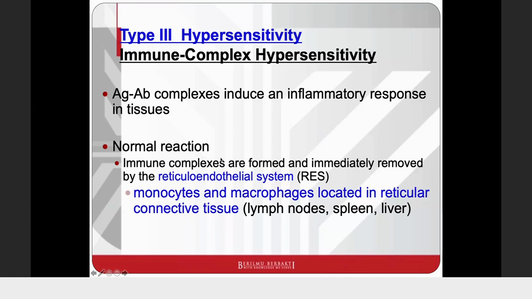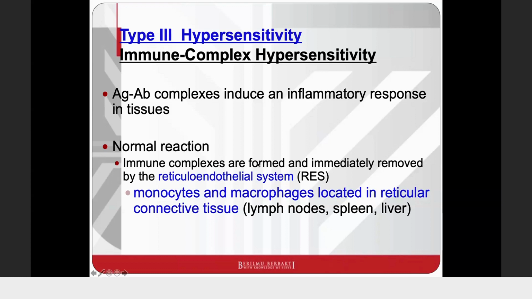So you know that in normal reactions, our bodies fight pathogens every day, right? Only that you could not see it because you have a functioning immune system. Your antibody is working, and it will bind to the antigen.